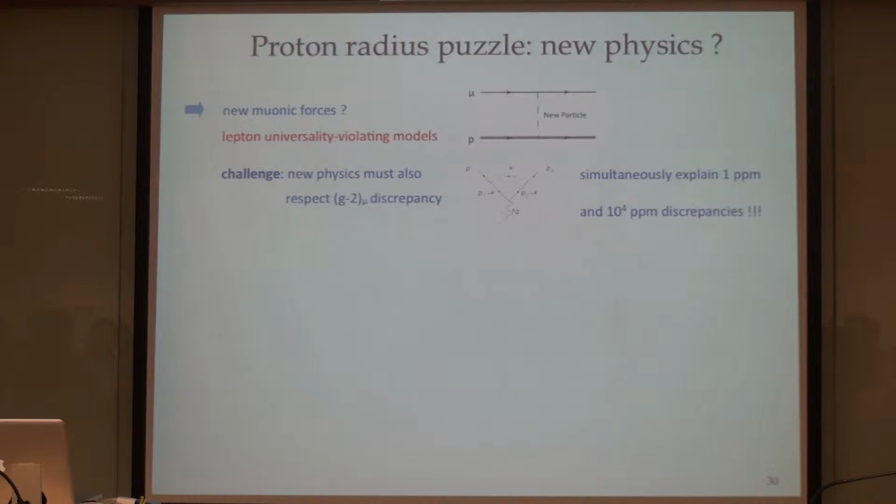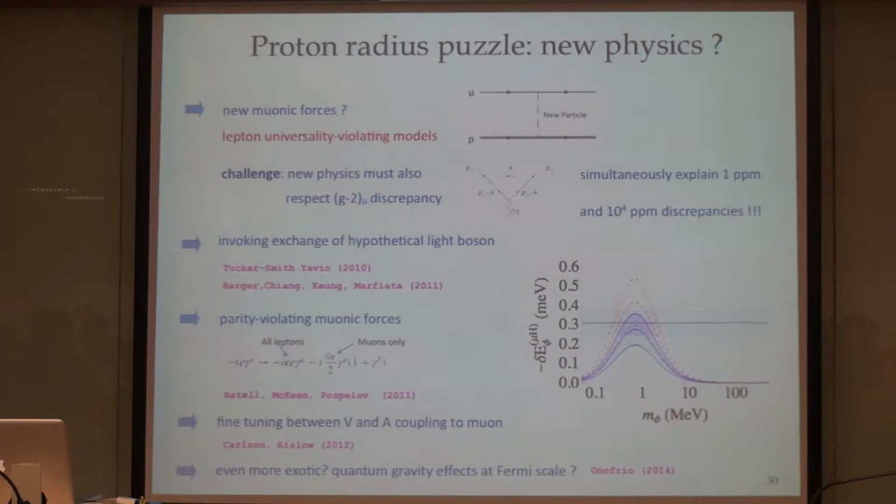So obviously this is very difficult, and that's why the calculations which I've shown have to involve fine-tunings. Typically, the earliest calculations here invoked the exchange of hypothetical light bosons.